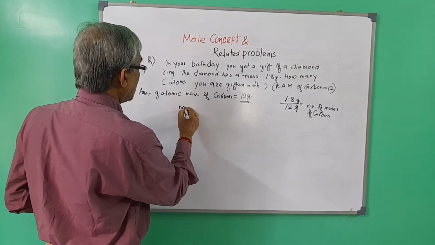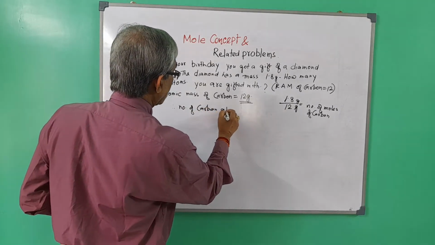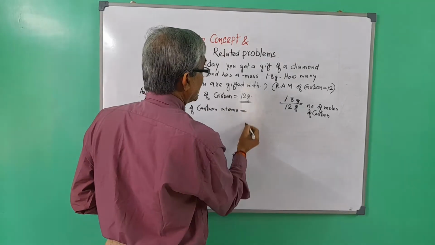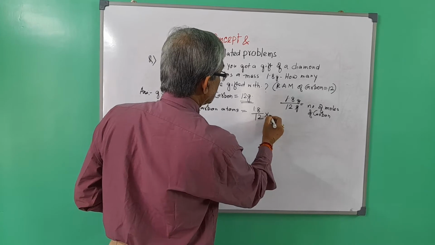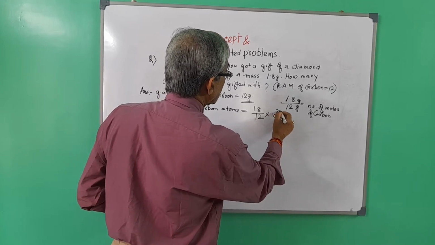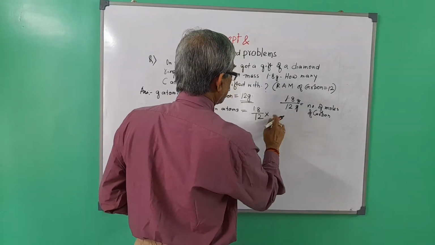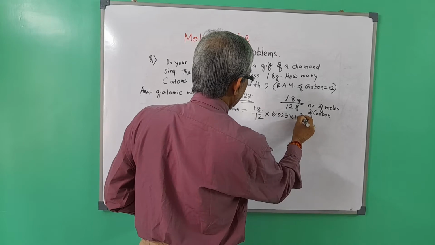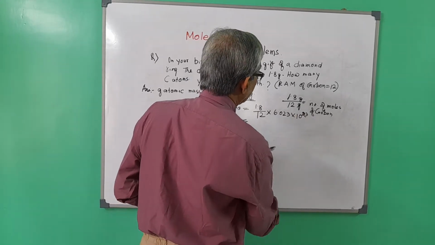Therefore, the number of carbon atoms in your diamond is 1.8 upon 12 into 6.023 into 10 to the power 23. This is the Avogadro number.